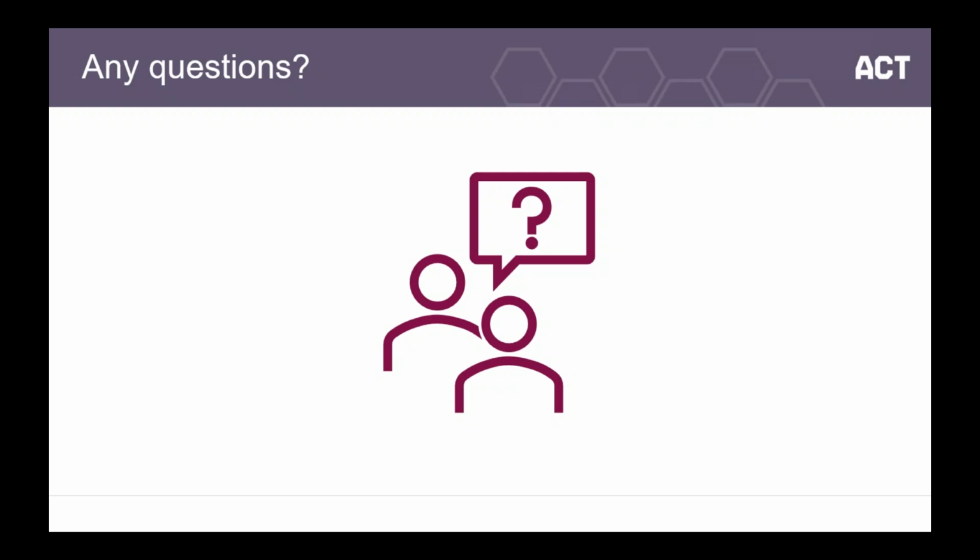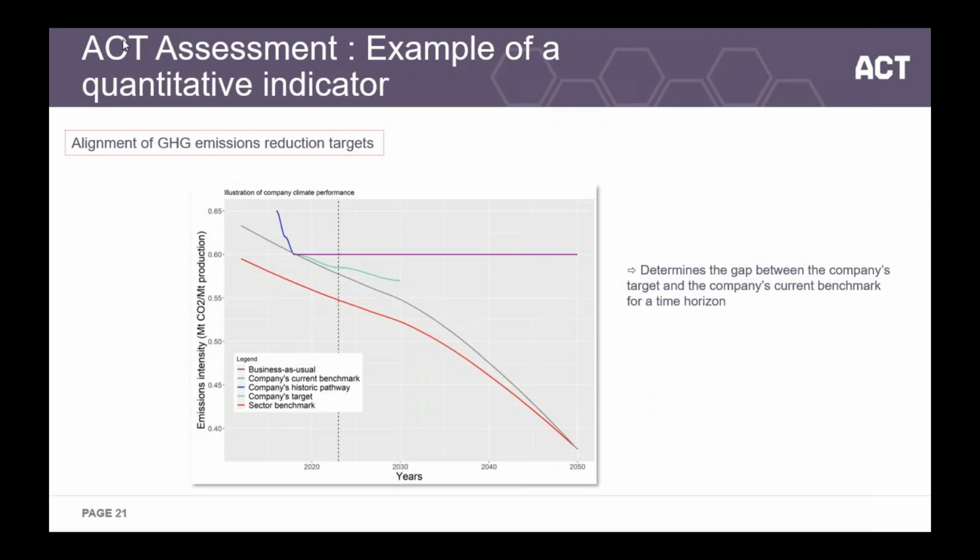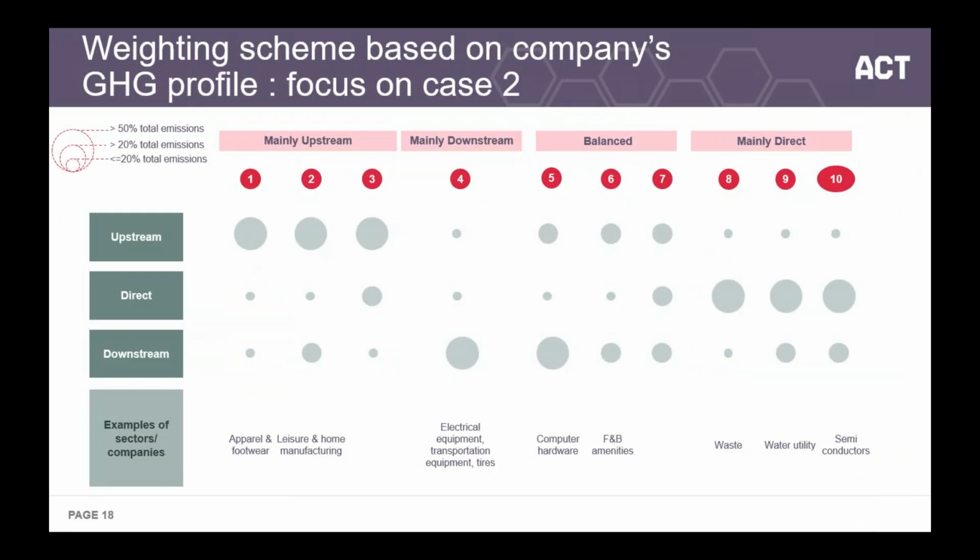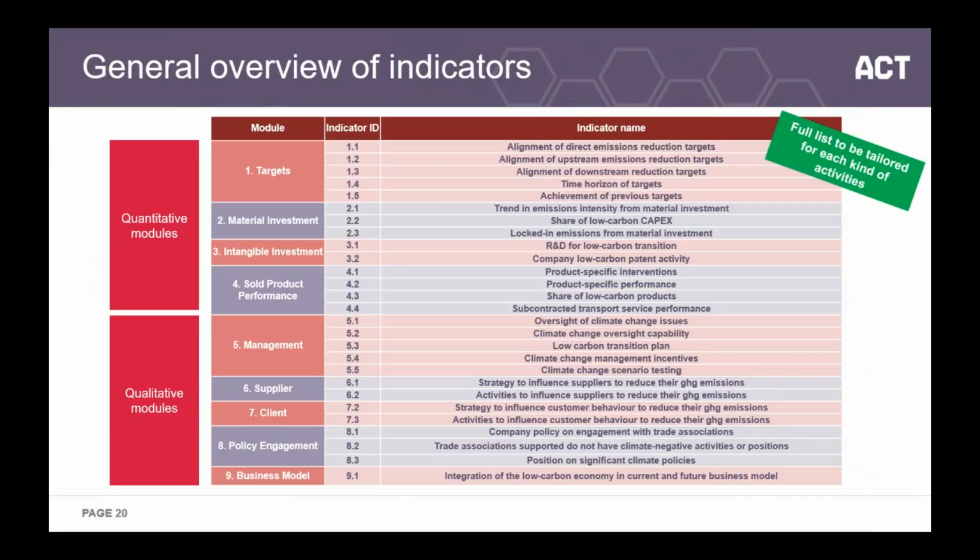So the Science-Based Targets Initiative, and specifically the sectoral decarbonisation approach methodology, which they have developed, has been quite fundamental to ACT, because we use some of that thinking to help us benchmark an emissions pathway for the company, and to also define whether a company's target is a good target.